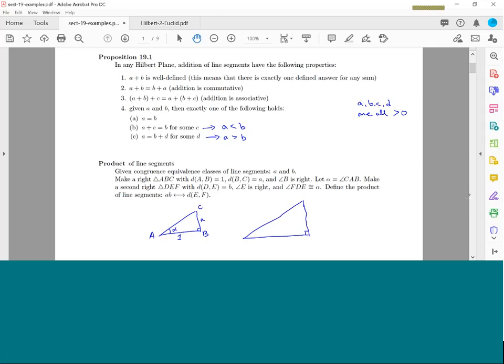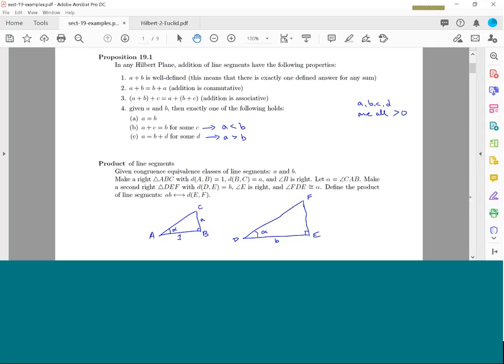All right, so this one here is triangle DEF. E is going to be the right angle. Let's put D on the base, which means F has to be up top. And for this guy, we're told that the distance between D and E is length B. We're told that angle E is the right angle, and the angle at D is exactly the same as the angle at A in the other triangle.